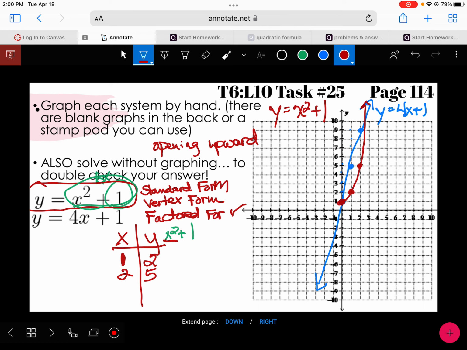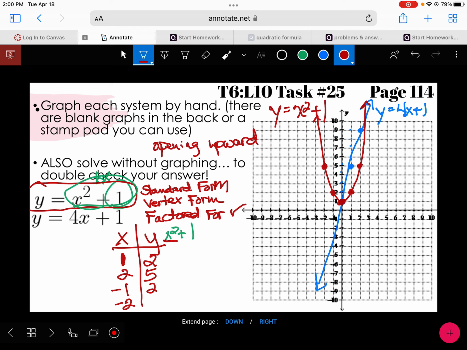So if I wanted to put in -1 without calculating it, what do you think the y coordinate would be? It should be 2, right? It should be the same as what's on the other side. If you put that in, -1 squared is 1. 1 plus 1 is 2. And same for -2. If you put -2 in, it should be 5. And when you do that, it does work out.